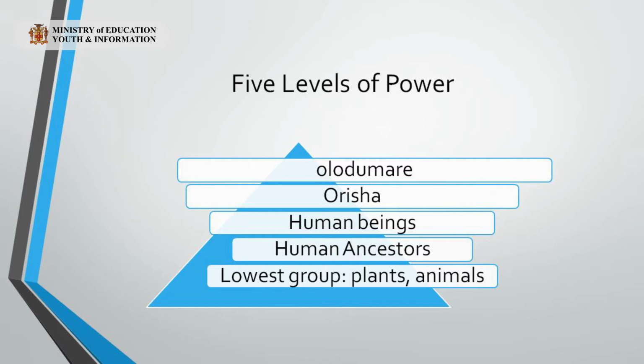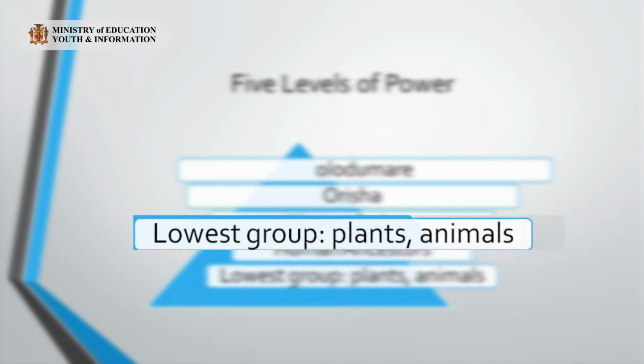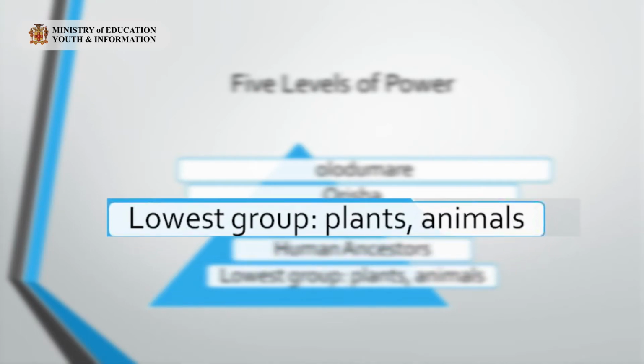I wonder if you are following. Look at which group is at the lowest order. The lowest group would include plants, animals, natural objects, and manufactured items. In the picture previously shown, you would have seen bread and fruits and all those things that you go to the shop to buy.